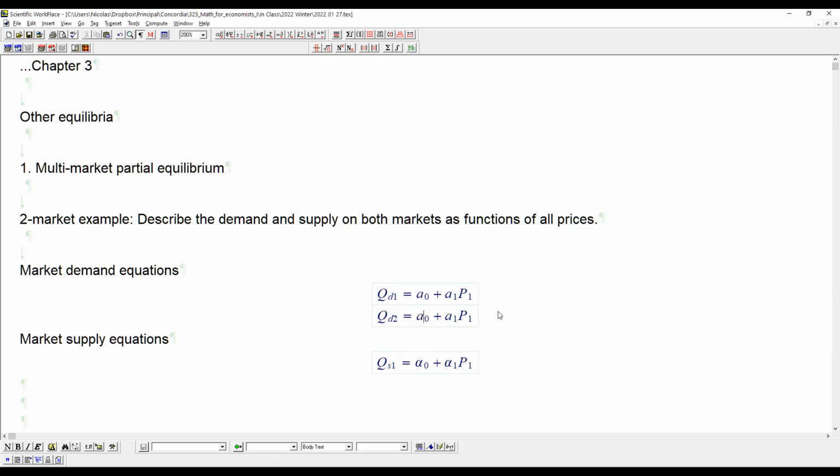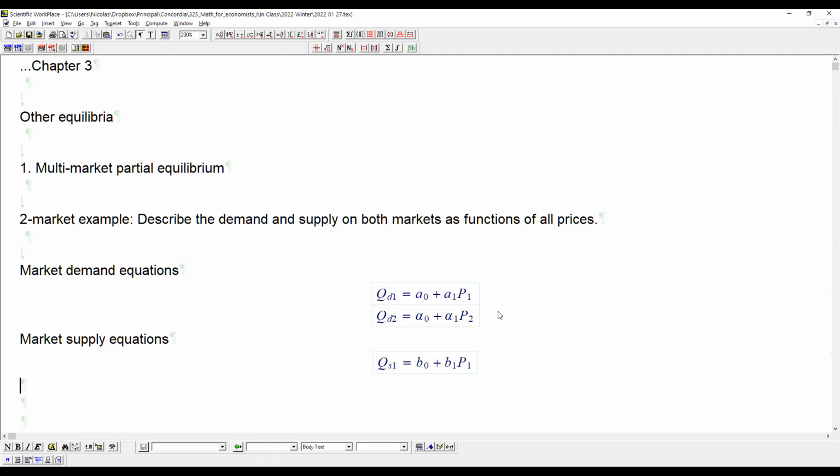Oh, in my example, I used B here. Sorry about that. And then alpha for the second market. Anyways, it doesn't change anything. And then this would be P2 for the second price.